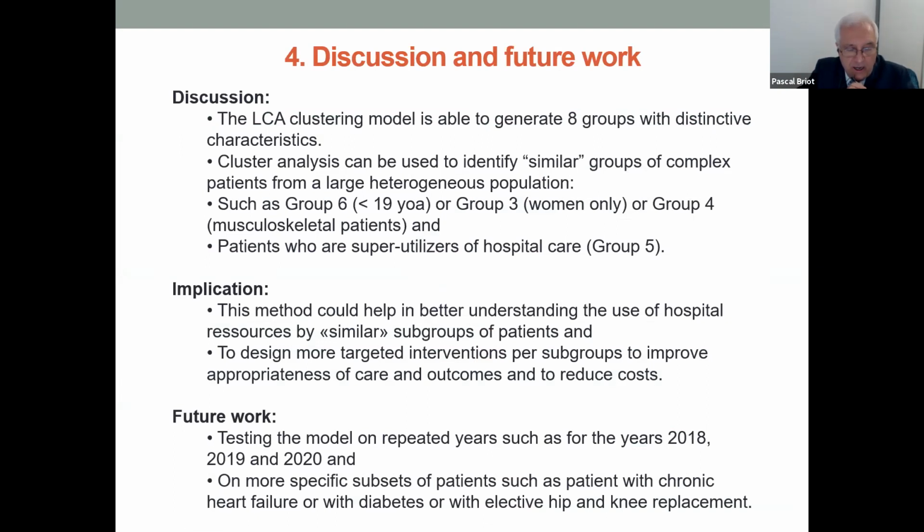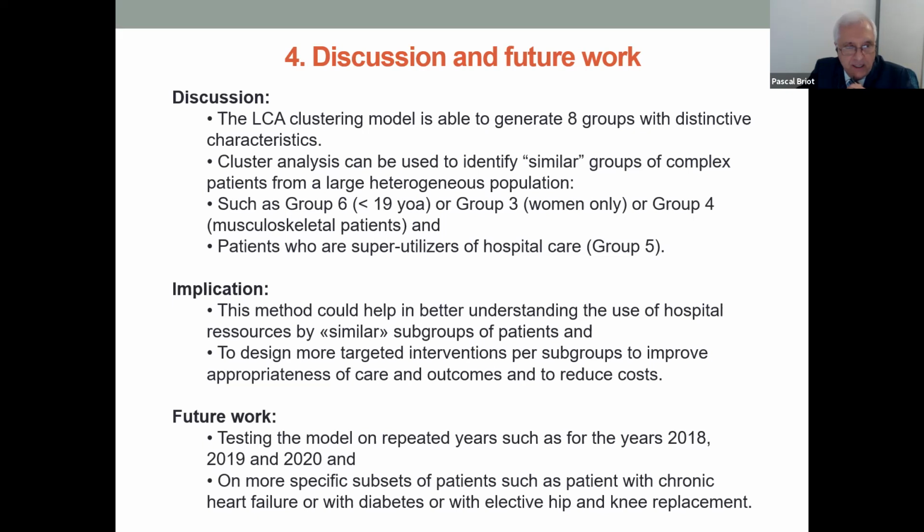And so in conclusion, Gilles, if you would like, just jump in any time. As we tried to show you, we believe that this LCA clustering model generating in our data groups, generates groups with very distinctive characteristics as we tried to show you.